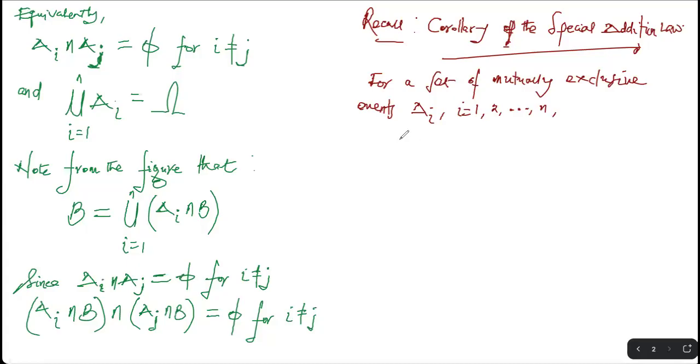The probability of A1 union A2 union all the way to AN, okay, is essentially the sum of the various probabilities.